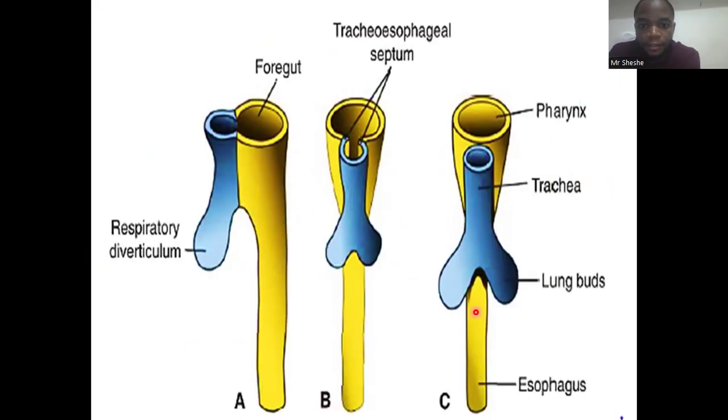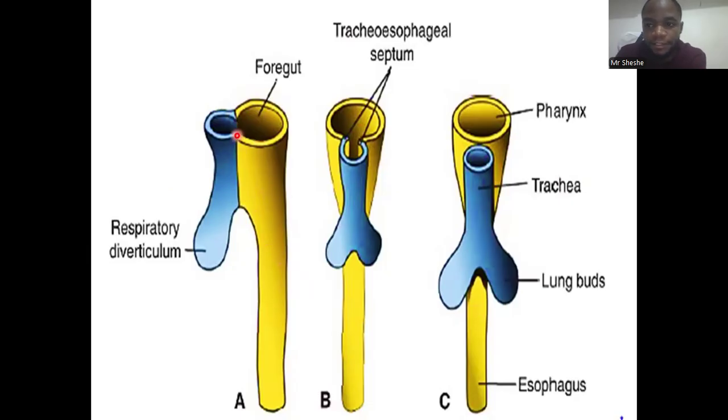The esophagus develops together with the trachea. First of all, it is one tube, then that tube develops a ridge. You can see that ridge, and another ridge here. This ridge, or septum, sorry, not diverticulum, septum, is going to divide the tube. Initially it is a single tube, but that septum develops.